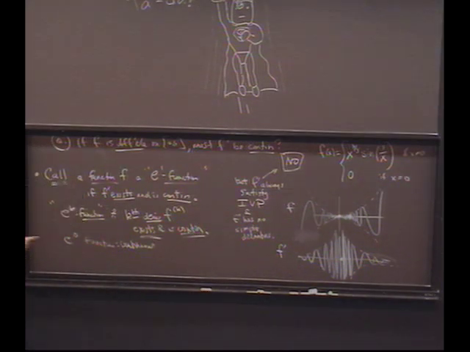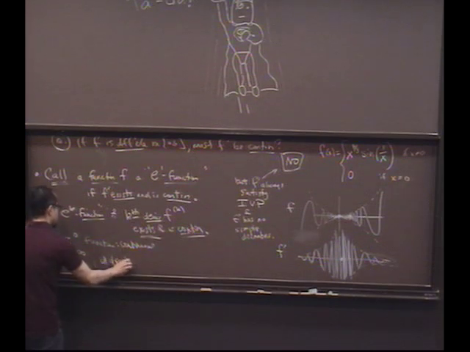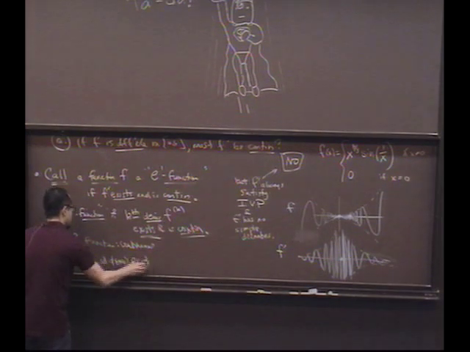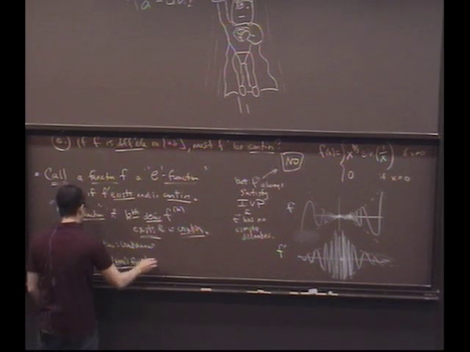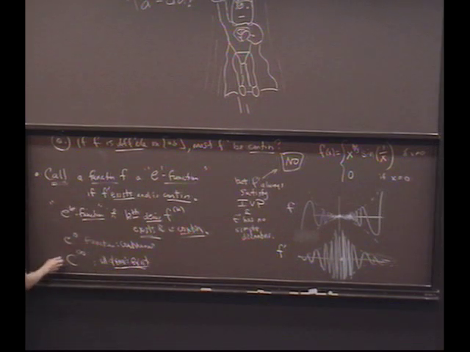And if you take derivatives many, many times, and all the derivatives exist, we have a special name. Those are called C infinity functions. All derivatives exist. And we also have another name for C infinity functions. They're called, not surprisingly, smooth.